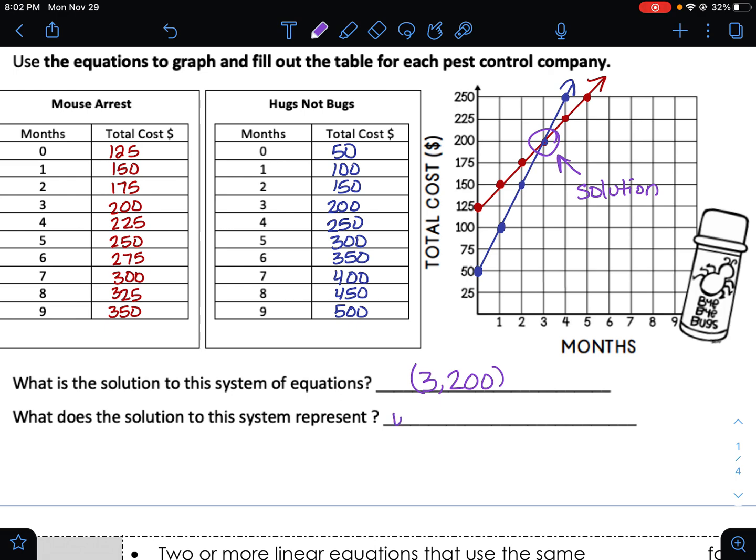Well, it tells us when the cost for both companies are the same.